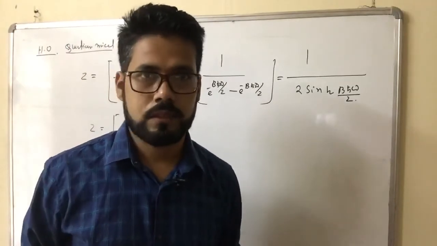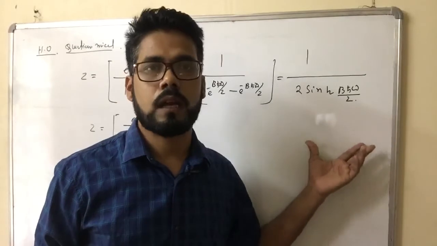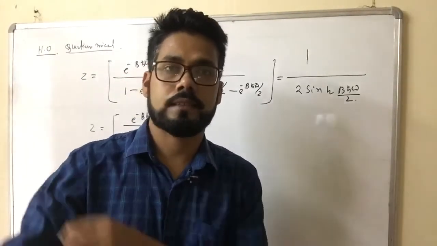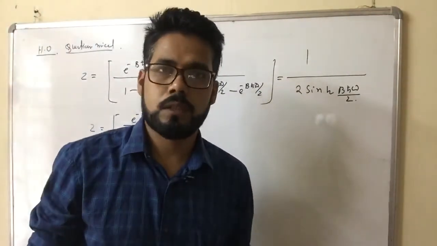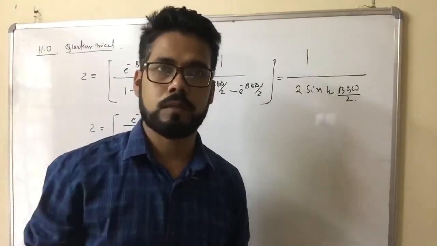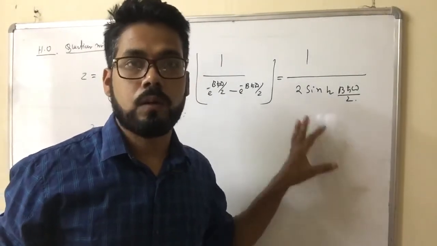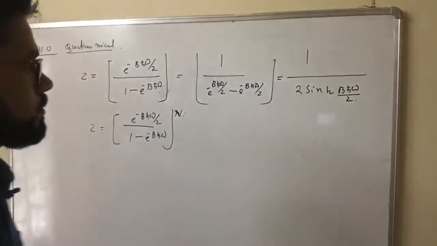Or what happens at low temperature? Or what is the free energy? So one formula they will give you, and the next parameter you have to calculate. That's why I am giving you the parameter calculation in detail, how to analyze, what parameters you have to derive. Okay.